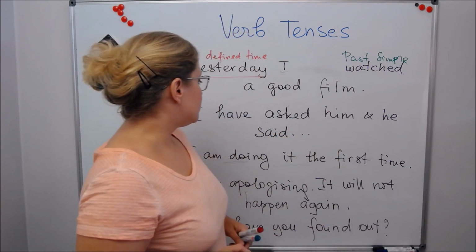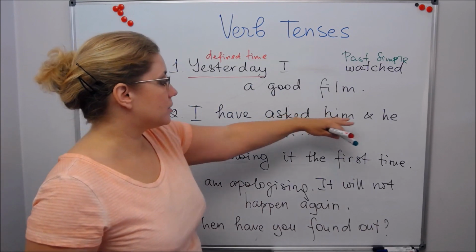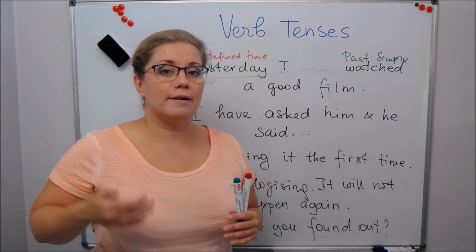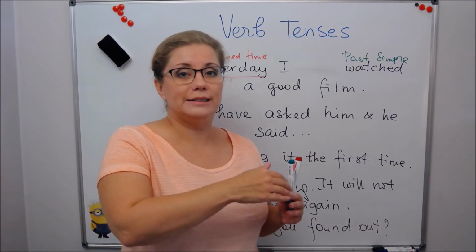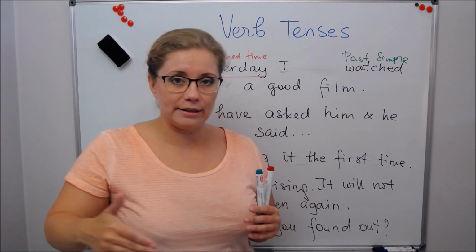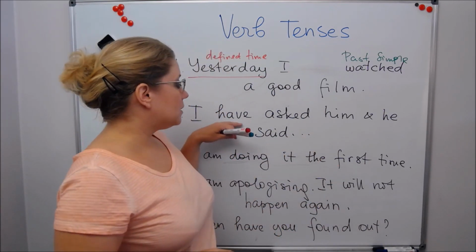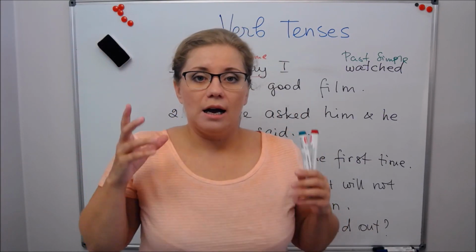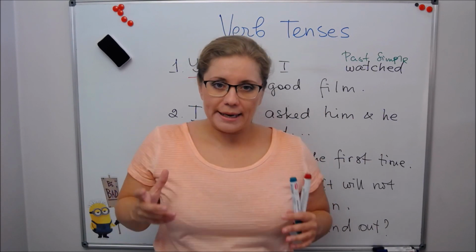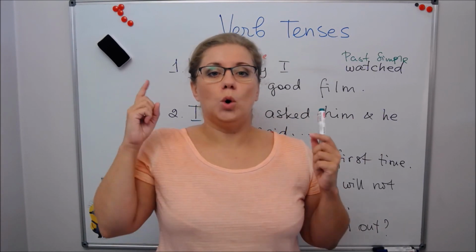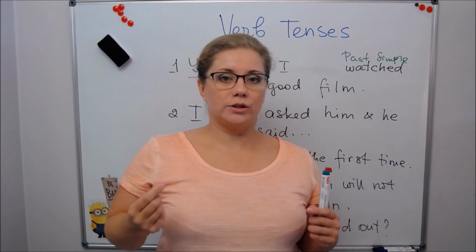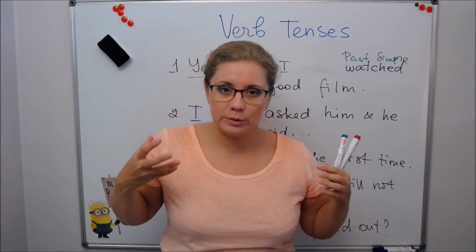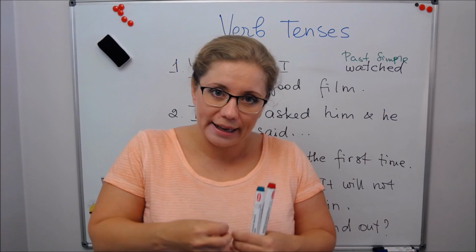The next typical problem. "I have asked him and he said", for example. You are describing several actions in the past, and if you have a line of events, again, present perfect can't be used here. The form with "have", the present perfect, can only be one action in the sentence referring to the present, because present perfect connects the actions together.